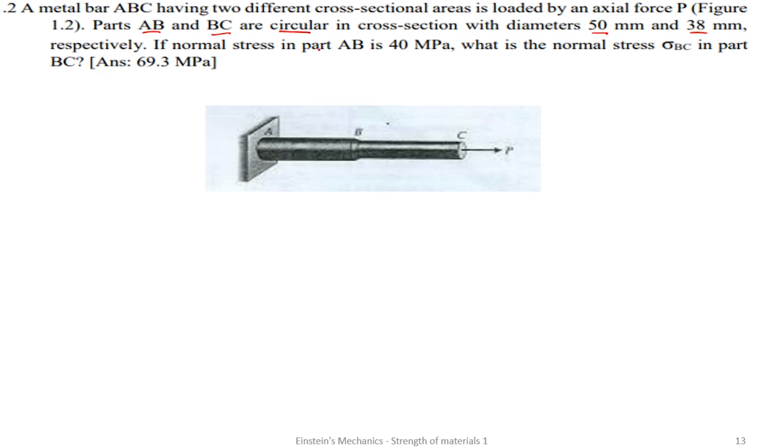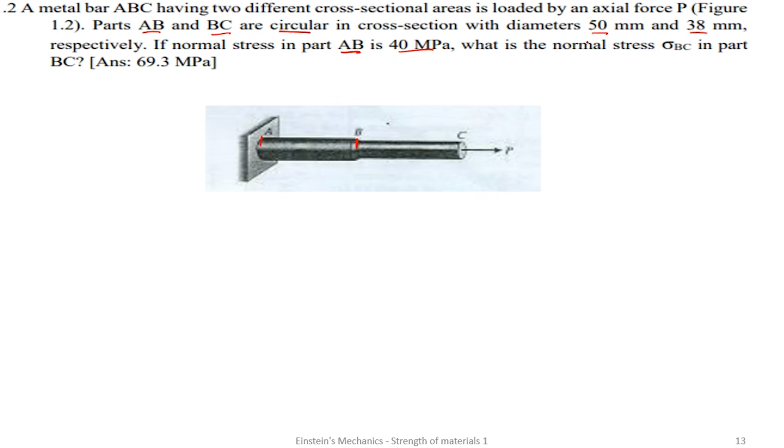If the normal stress in part AB, pay attention, the stress in AB just from this place to here is 40 megapascal. What is the normal stress in the part BC? Don't just say it is a continuous bar, so the stress here will be equal to the stress here. No, there will be different stresses induced in different segments. So let's look at how this goes.